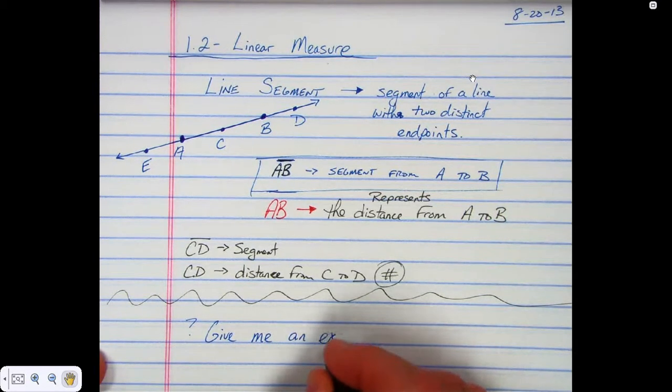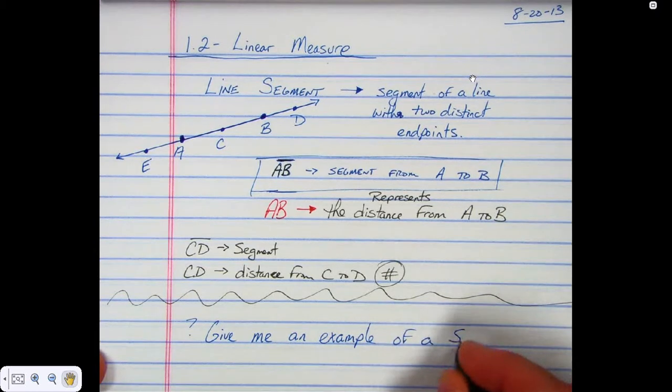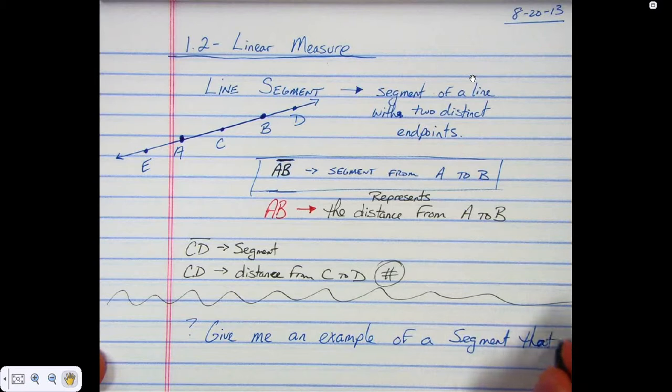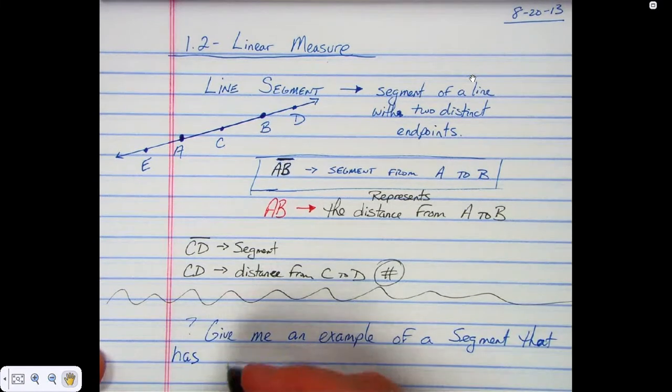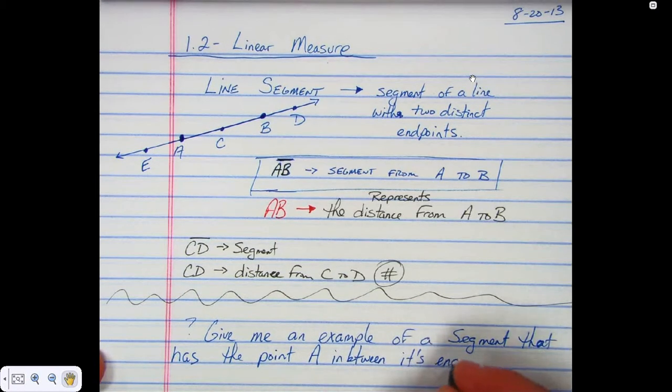Give me an example of a segment that has the point A in between its endpoints.